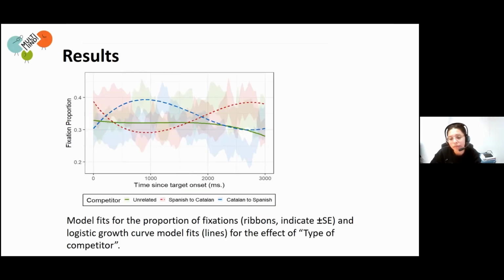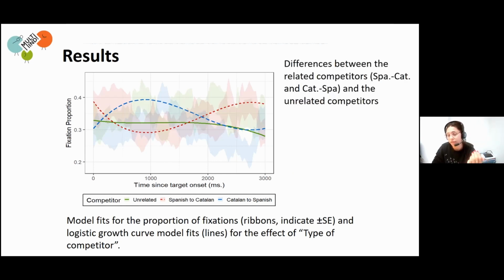Here I am representing the fixations towards the pictures. The ribbons represent the proportion of fixations and the standard errors, and the lines represent the logistic curve model fits for the data. We also looked at the pairwise comparisons between the proportion of looking toward the phonologically related competitors and the phonologically unrelated competitors, and we found statistical differences.